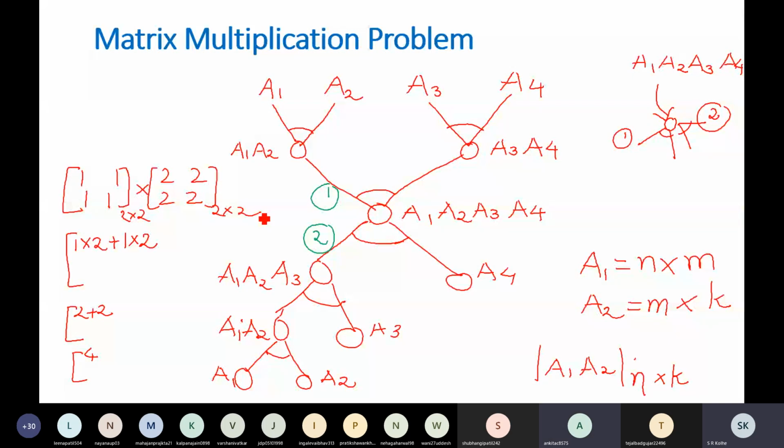A1 is of dimension n by m, A2 is of dimension m by k. So how many multiplications are required to multiply A1 and A2? Addition of both? No, hurry up. n by 2 into n by 2?